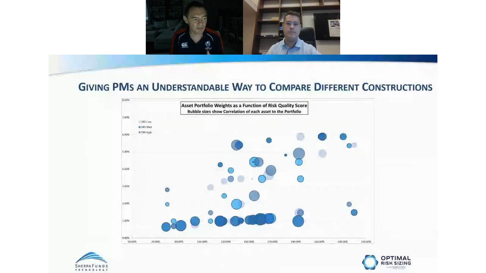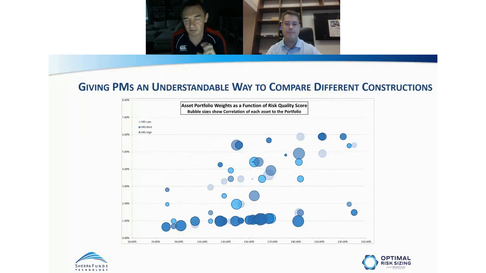So the risk quality graph shows you a way of looking at your portfolio and it asks you to ask yourself, why is something where it is? And we zero in on the truth: if something is out of whack, the truth can really only be you like it more or less than you've said you like it, or it is more or less risky than the data says it is.